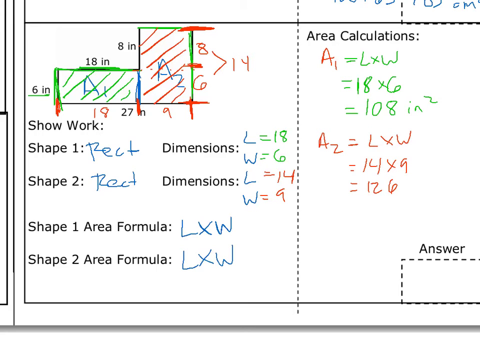And so if we wanted the total area, we would be adding these two together, A1 plus A2. That would be 108 plus 126, which would tell us that our total area was 234 inches squared.